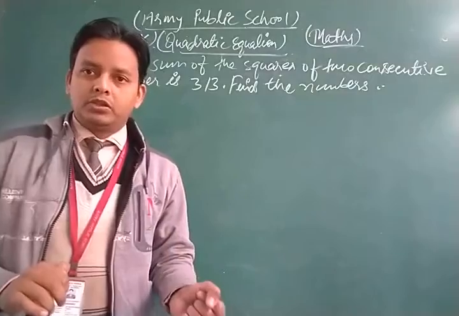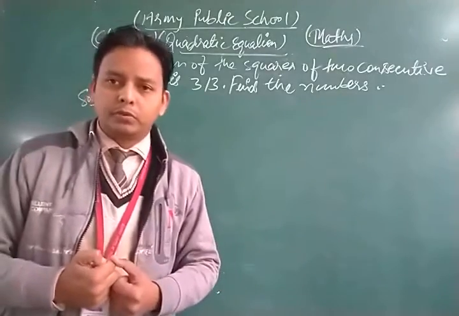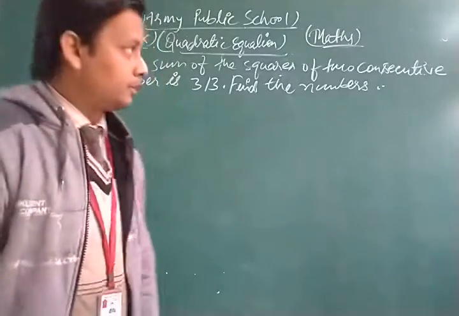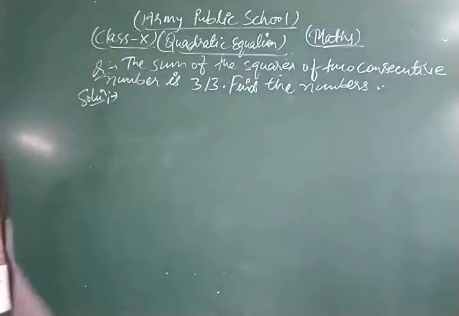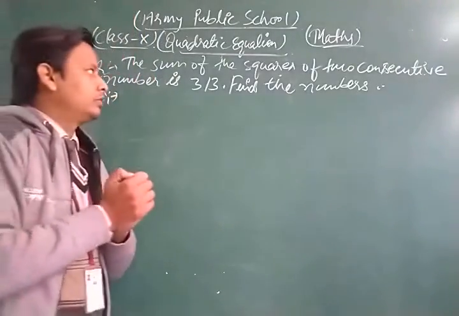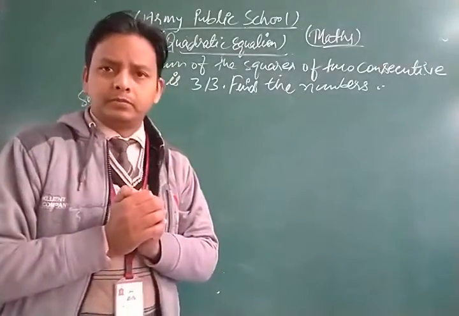This is a very important question related to the word problem based questions of the chapter quadratic equations. Here the sum of the squares of two consecutive numbers is 313.